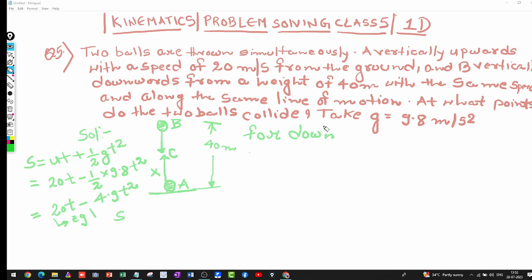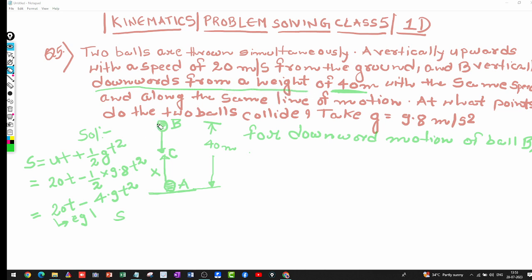That is 20t minus 4.9 t square, that is considered as equation number 1. For downward motion of ball B, coming here again, when the ball is thrown vertically downward, that distance is already mentioned, from a height of 40 meter, downward from a height of 40 meter.